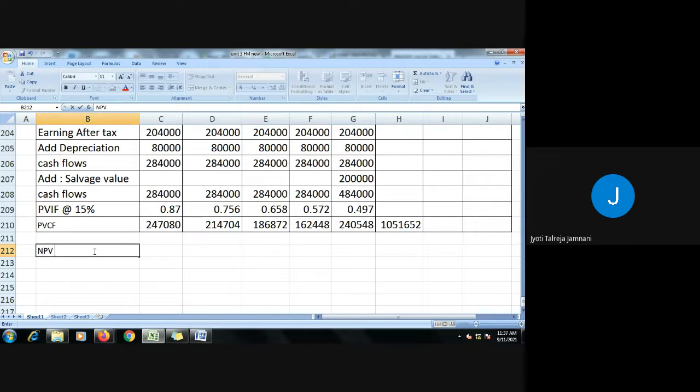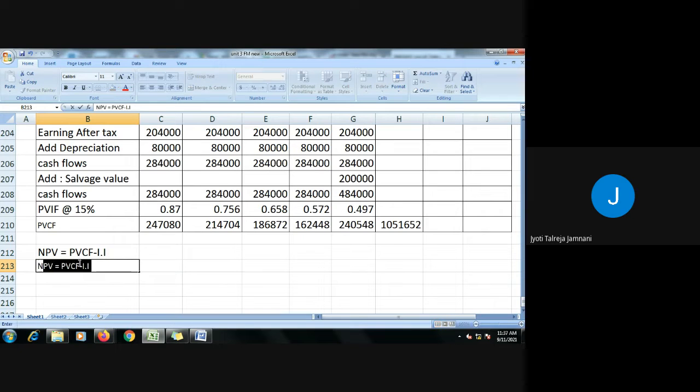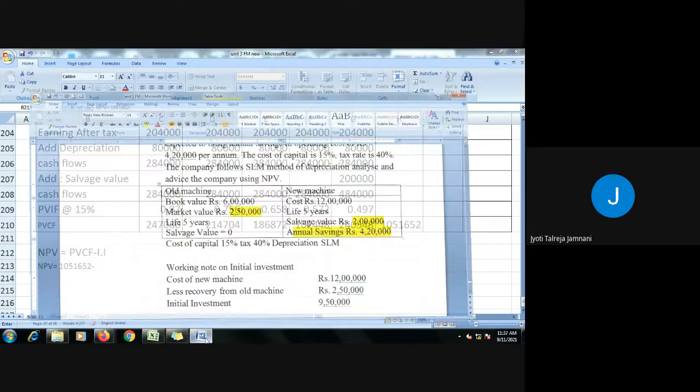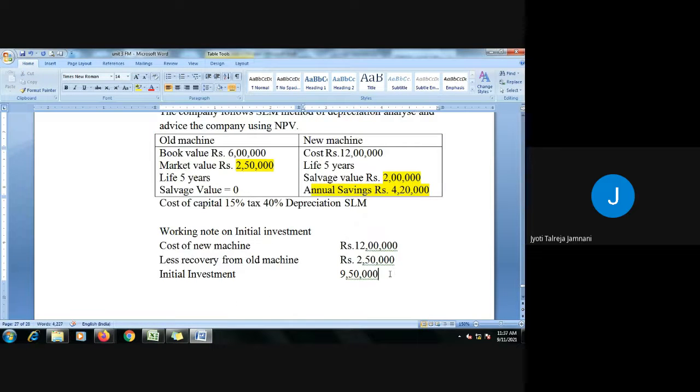We can now find the NPV. NPV is equal to present value cash flow minus initial investment. So NPV will be equal to present value cash flow 10,51,652 minus initial investment. We did a working note here. 9,50,000 is what we had got.